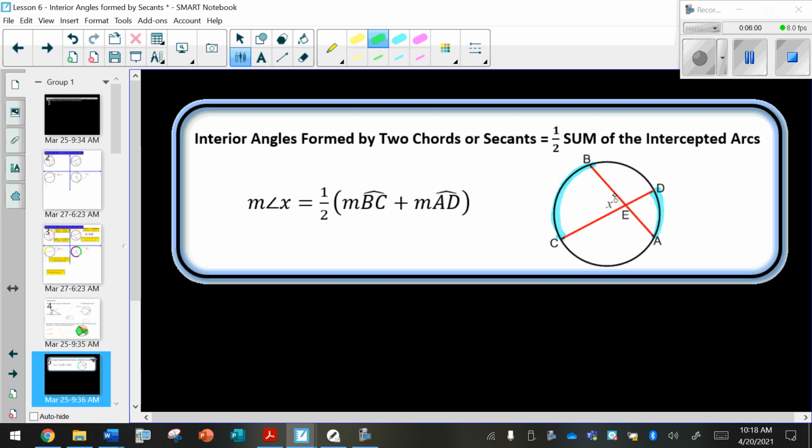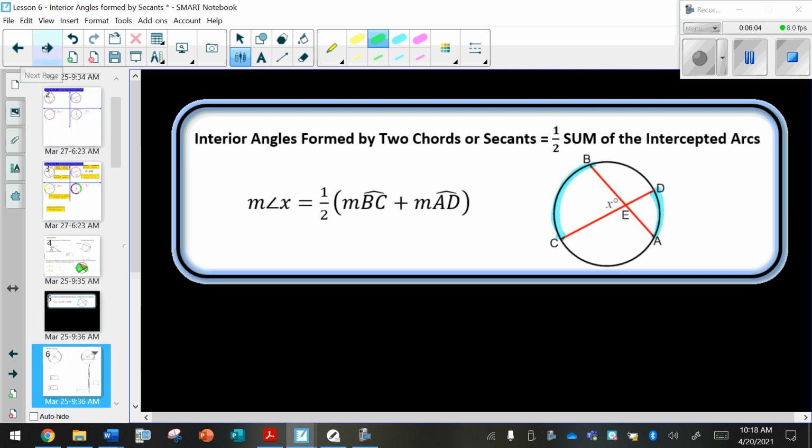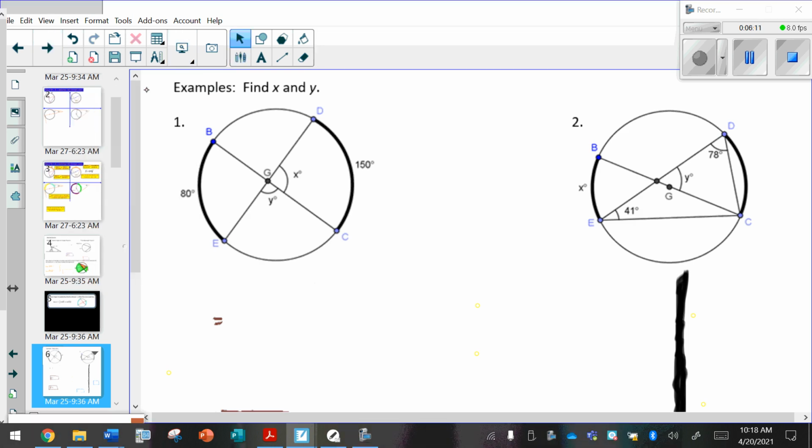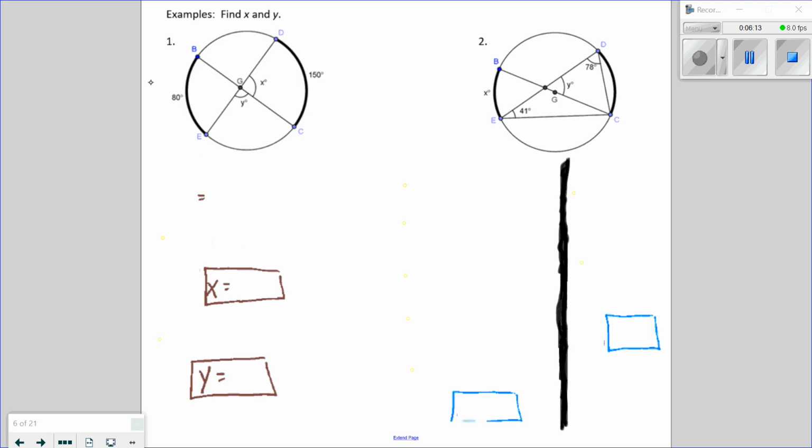So now what we get to do is apply it and try it and use it. Find X and Y. The angle X is equal to 1/2 the sum of the intercepted arcs. Our intercepted arcs here are highlighted a little darker.